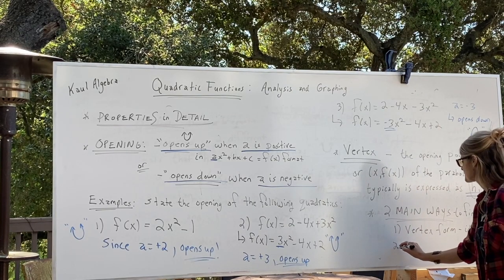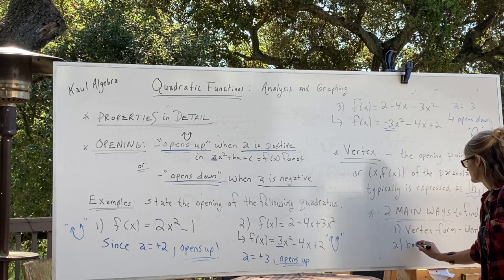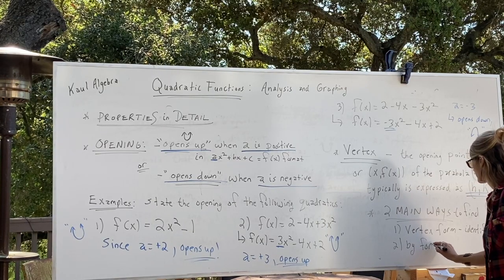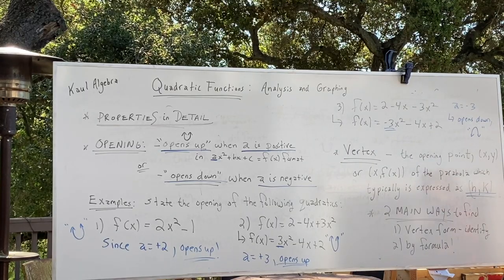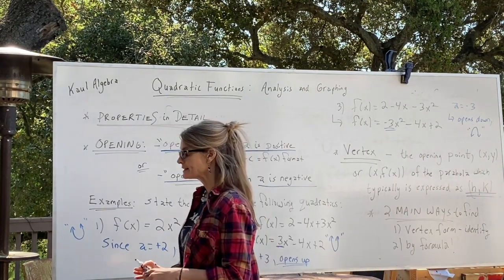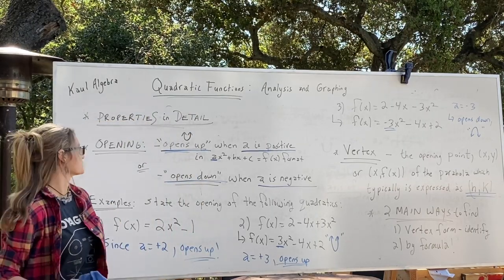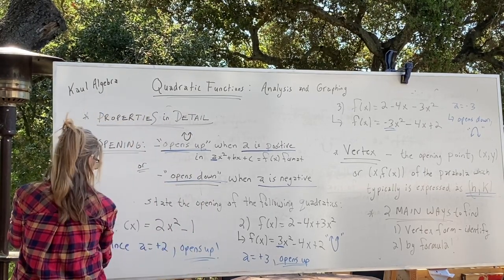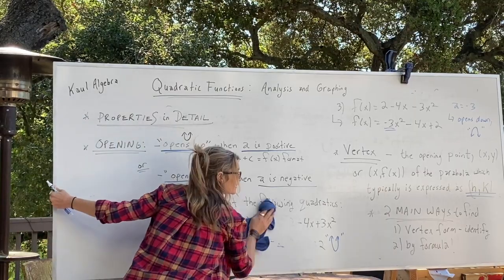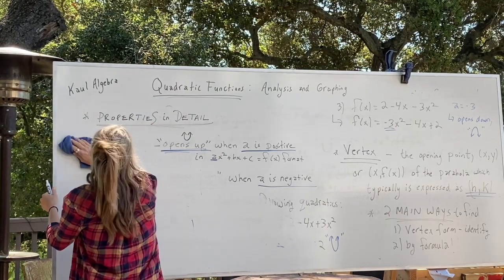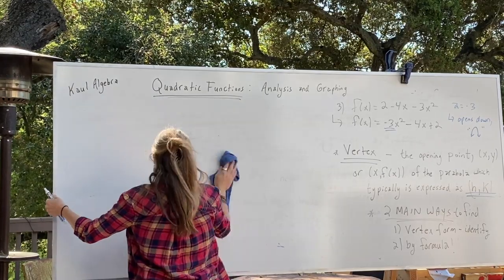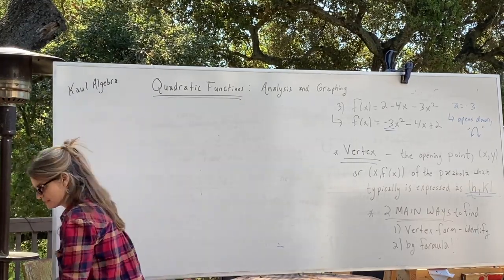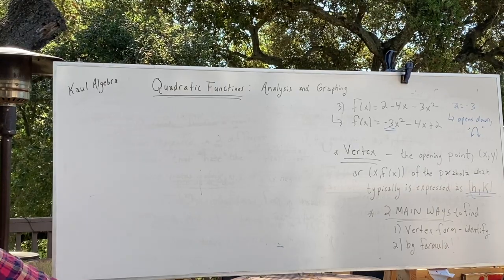And number two is by formula. So we'll first look at quadratics that are in vertex form and identify the vertex when it's in vertex form. Let's take a look at some examples here.